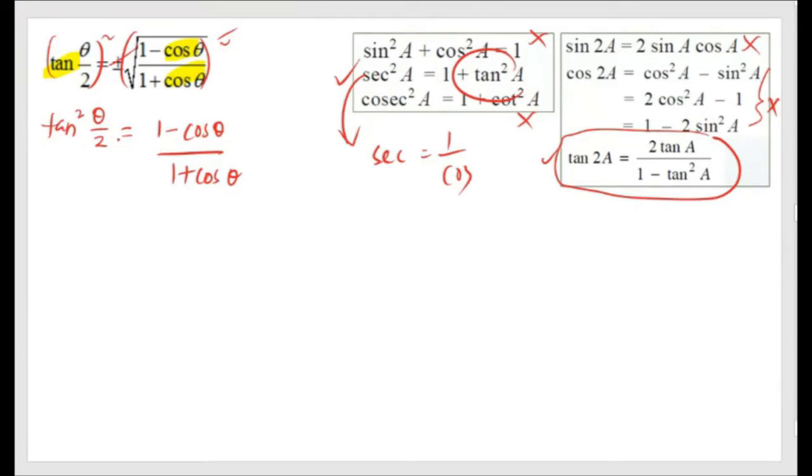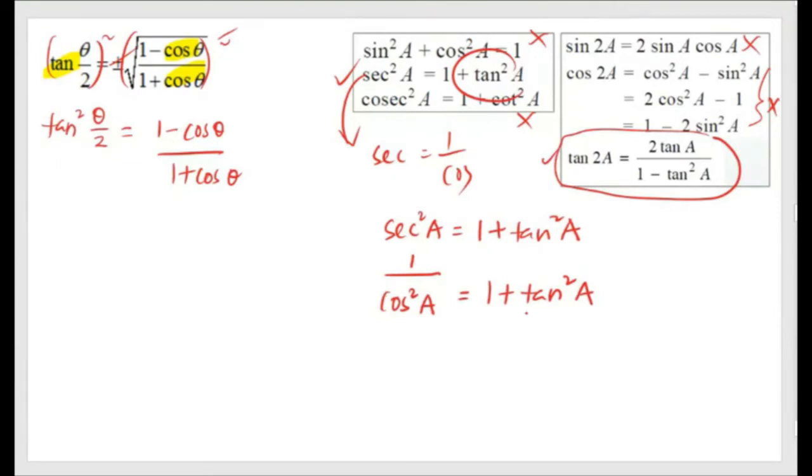So it's in this form. After this, we go back to this: secant square A equals 1 plus tangent square A. Okay, we change it first: 1 over cos square A equals 1 plus tangent square A.